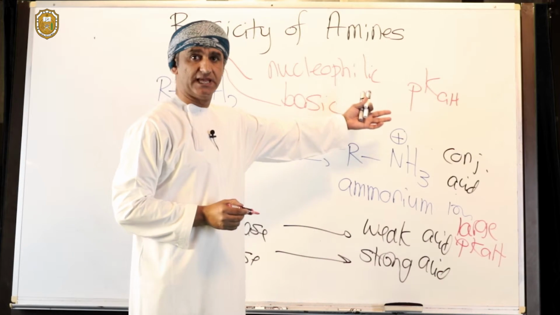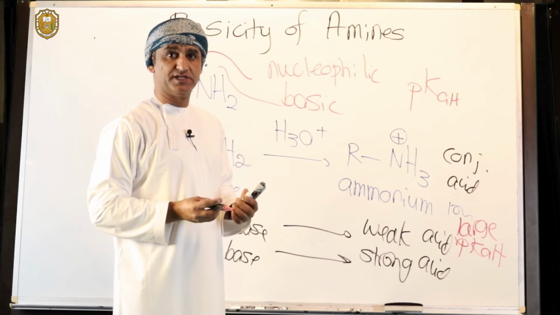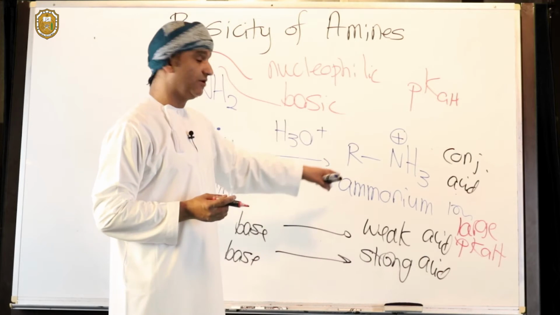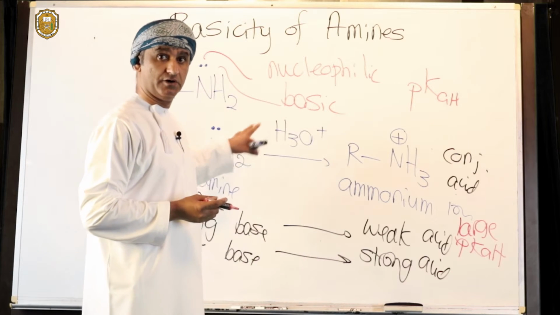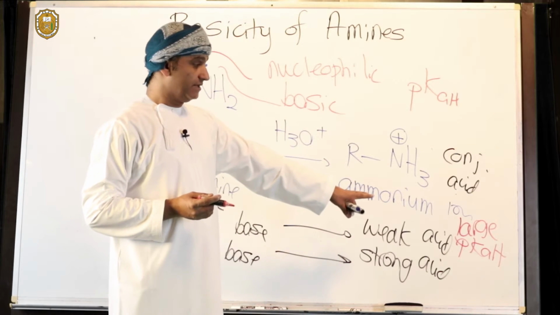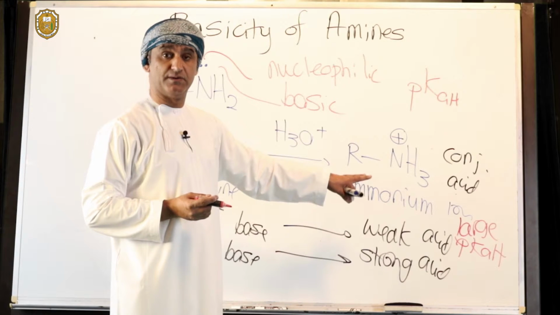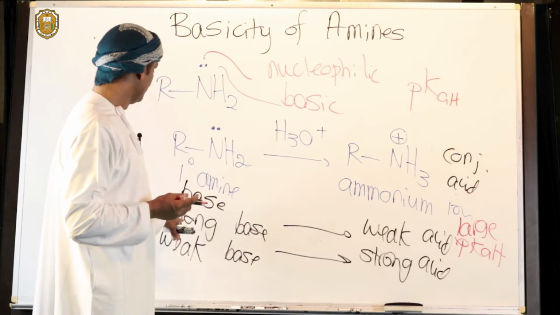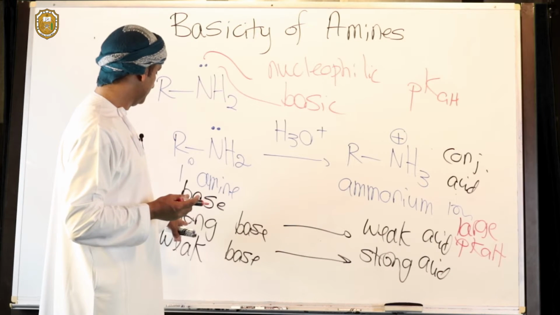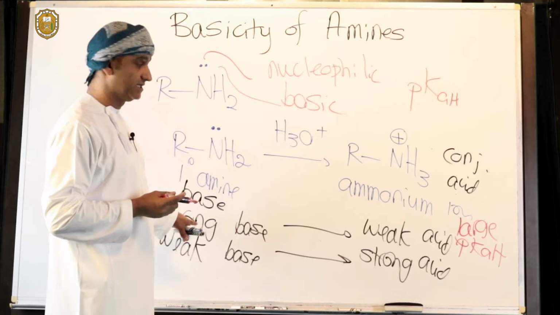So the pKaH basically is minus log the acidity constant of the ammonium ion, or the conjugate acid of the amine. If the pKaH is large, therefore the ammonium ion is weak. If it is weak, therefore the amine base is strong.